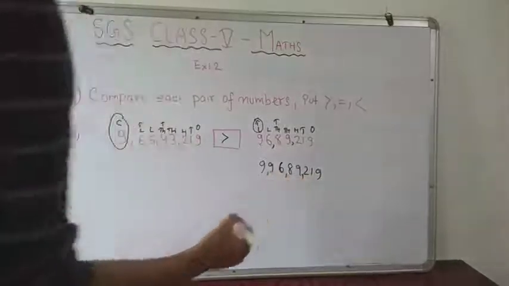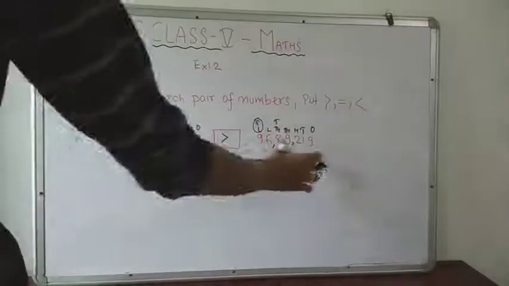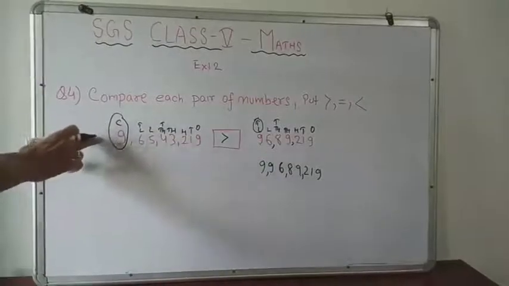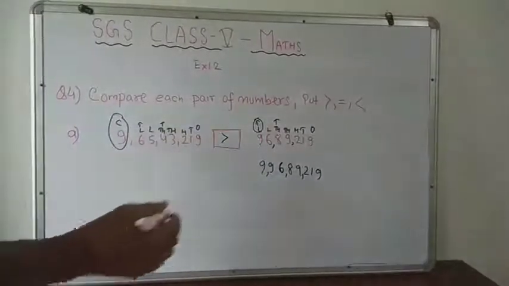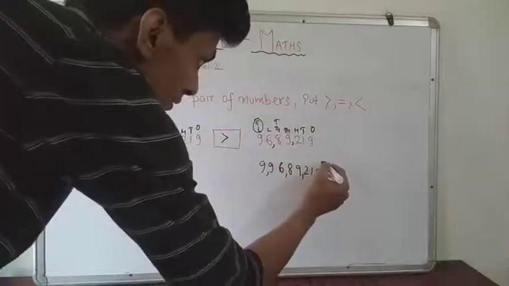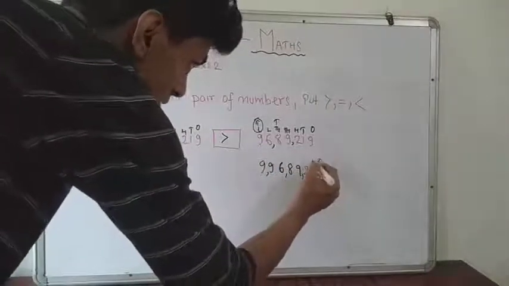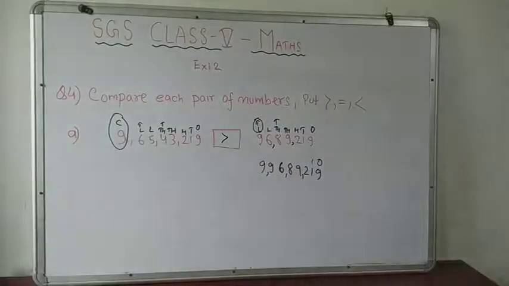Then what will we do? Then both numbers are in proper format, that is, its last digit is crore and the other's last digit will also be crore.